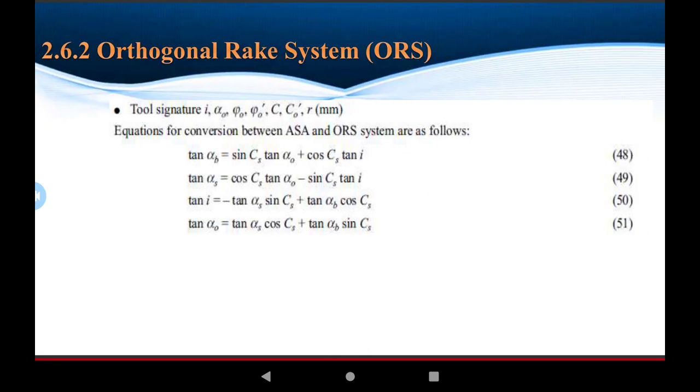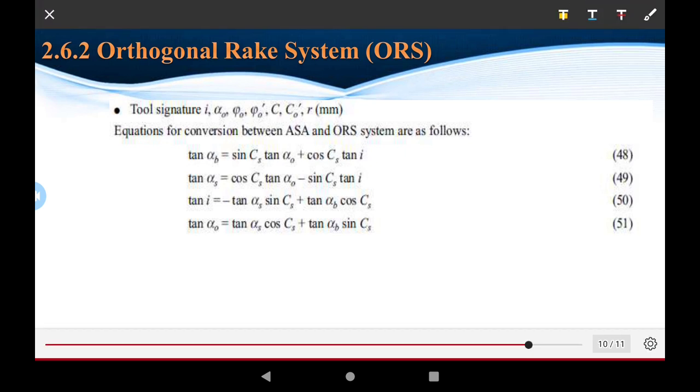The orthogonal rake angle of the rake system, the tool significance of alpha naught, phi naught, phi e, C and C naught, are the rake angles. The equation for the conversion between the American Standard Association system and the orthogonal rake system is presented in this view.